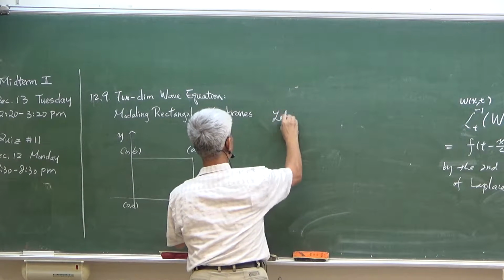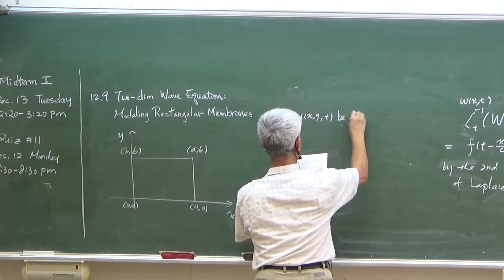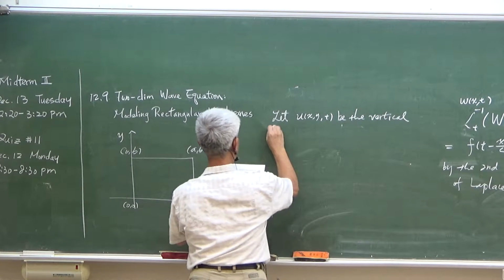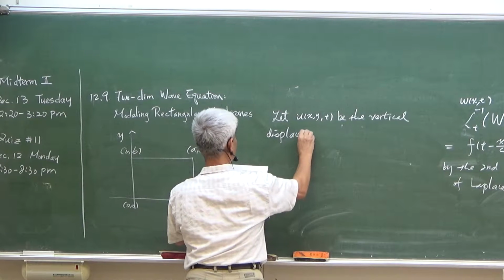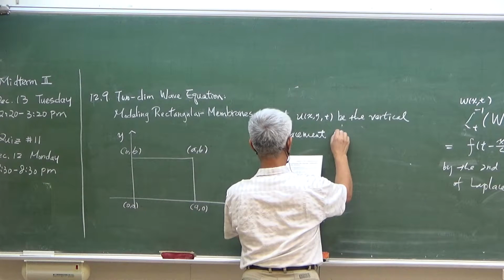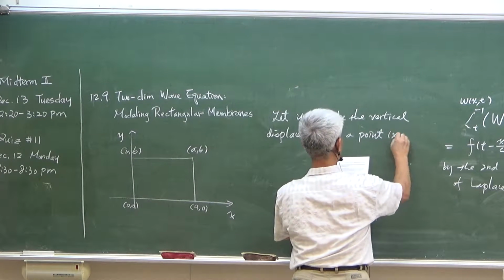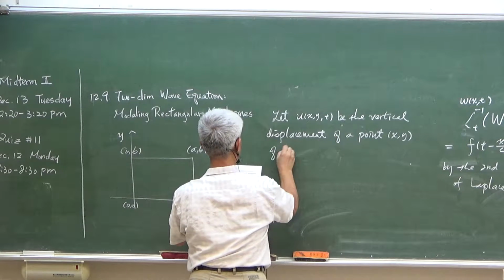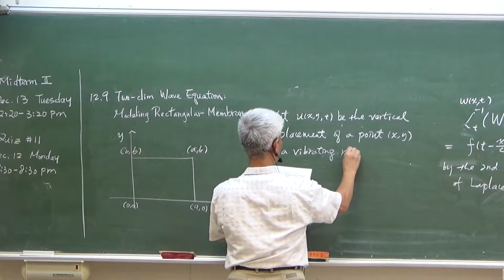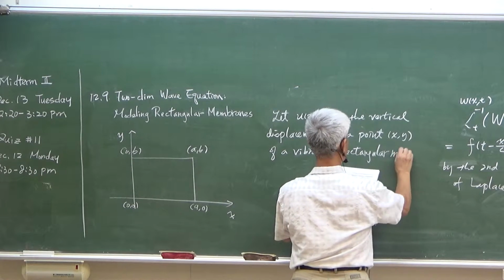We let u(x, y, t) be the vertical displacement of a point (x, y) of a vibrating rectangular membrane.